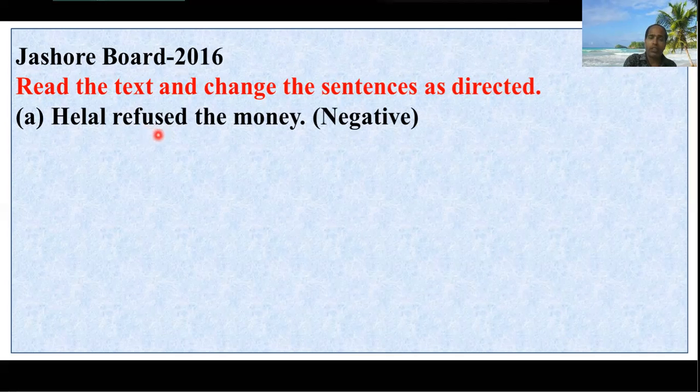And you have to set the antonym of the keyword of this sentence. Keyword refused. Antonym take, took. Antonym of refuse is take. So you have to set take, and write the next part of this sentence.